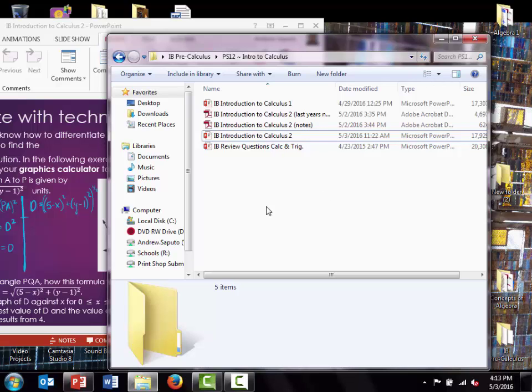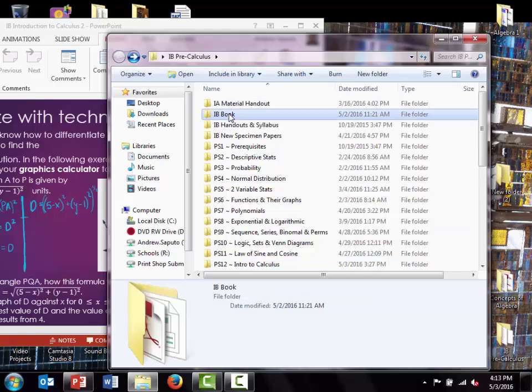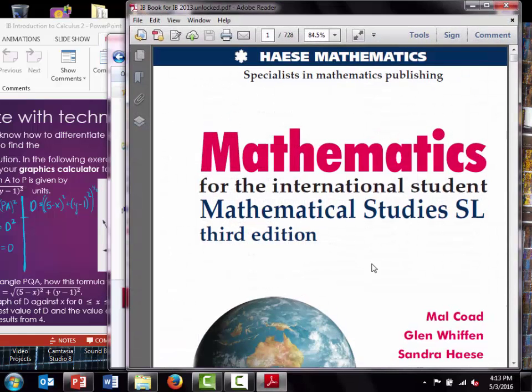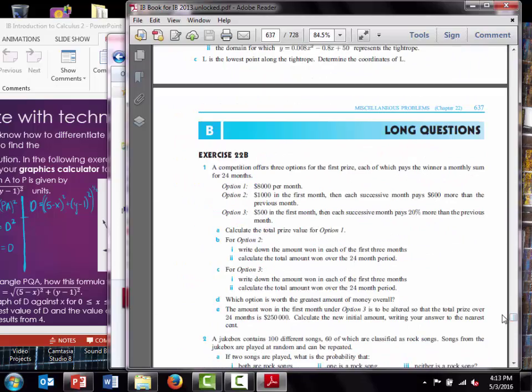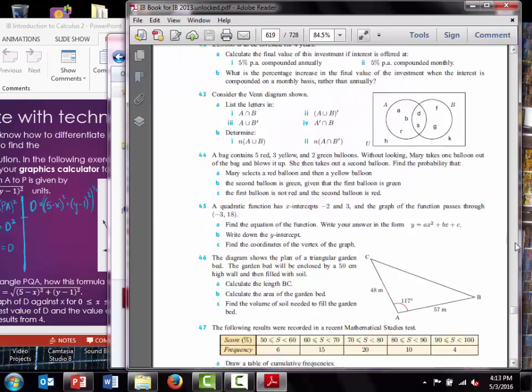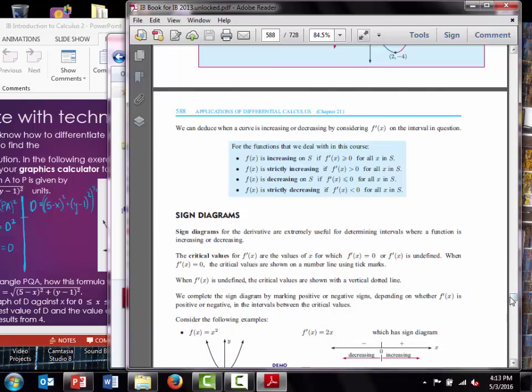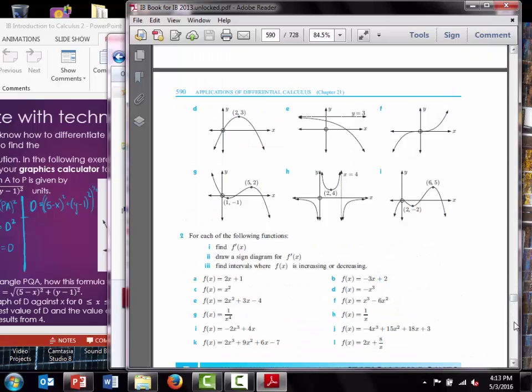So, where would I find that? Where'd I get this problem at anyway? From the textbook, the orange textbook.